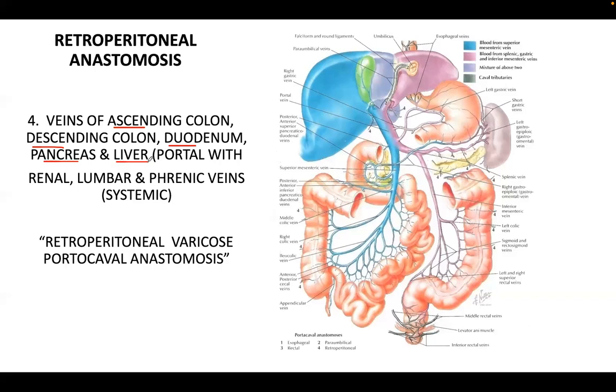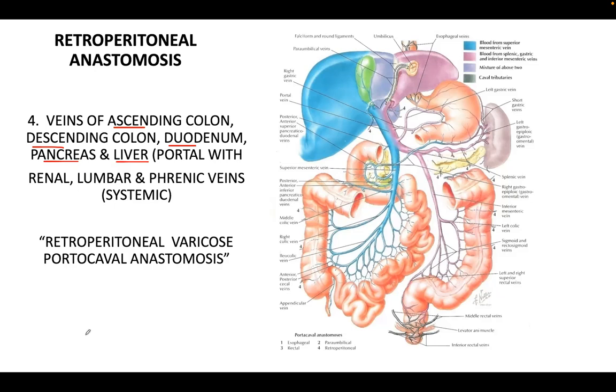Okay, so there's a very good question here. How would you differentiate Sister Mary Joseph's nodes with caput medusae? Sister Mary Joseph's nodes are lymph nodes. Okay, this is lymph nodes or lymphadenitis from advanced gastric cancer that has metastasized to the periumbilical lymph nodes. The caput medusae are the paraumbilical veins.